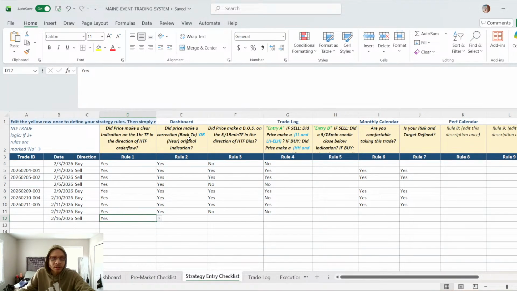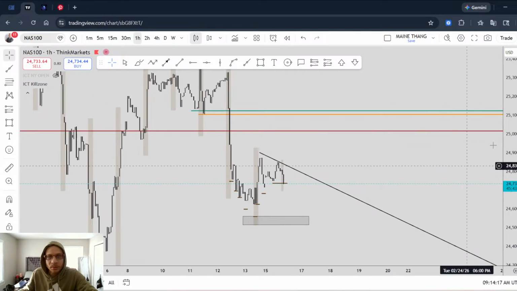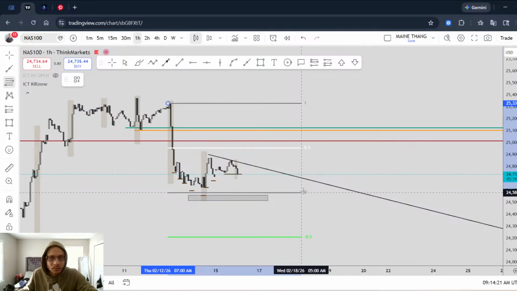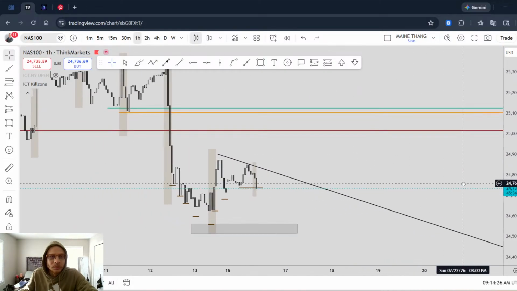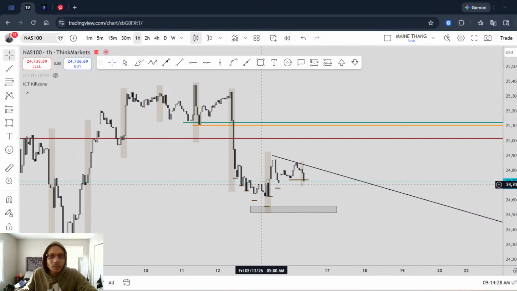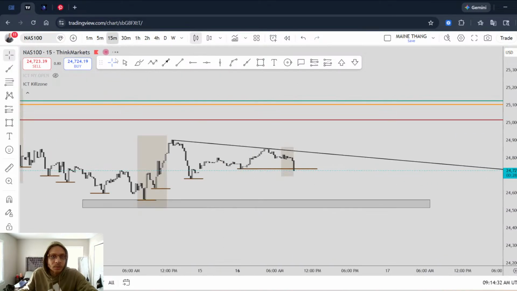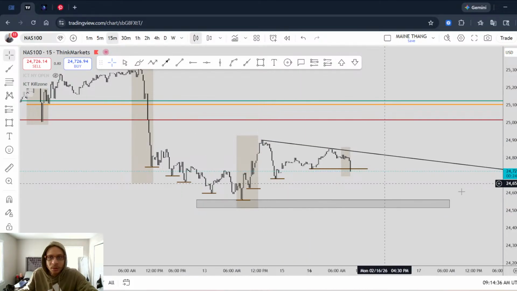Yes, good price make a correction back to or near original indication. So we're back. Kind of. Started making a correction back, so right there is the nearest.